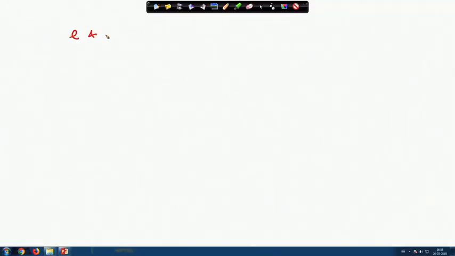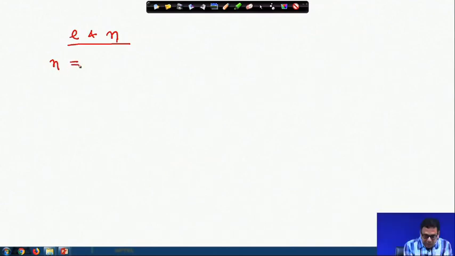So, the first relationship that I am writing is between e and porosity, that means void ratio and the porosity. So, we know that porosity is equal to volume of voids divided by total volume.